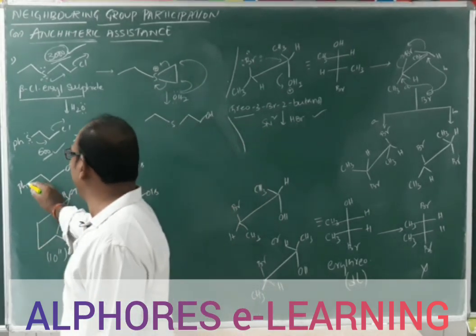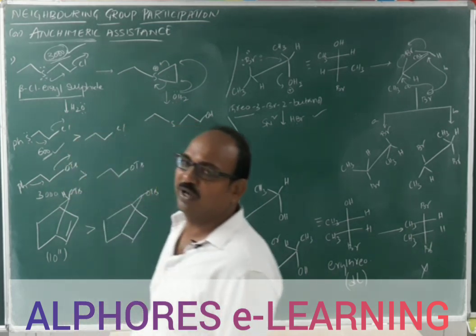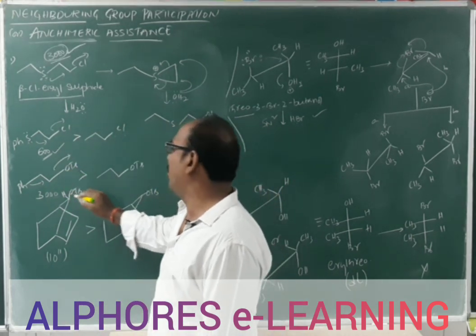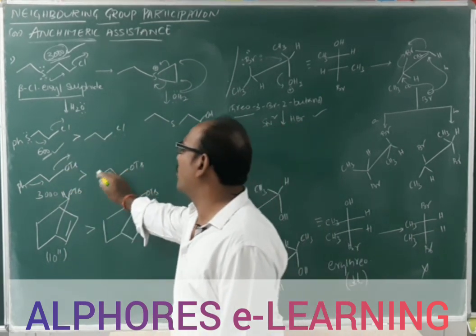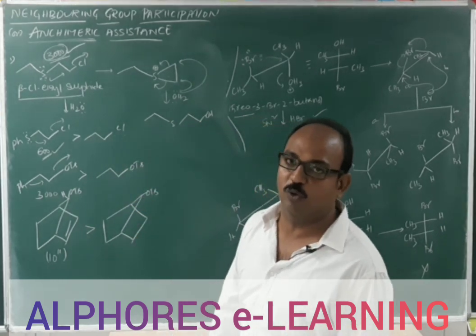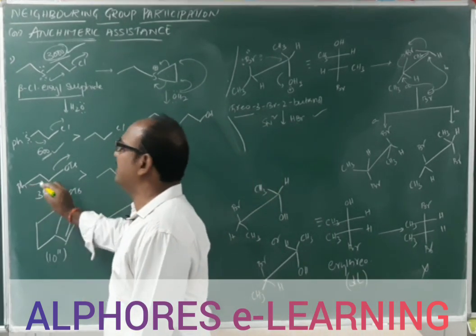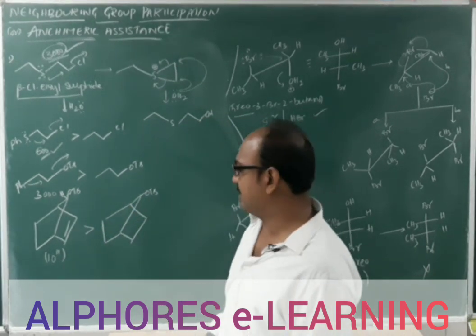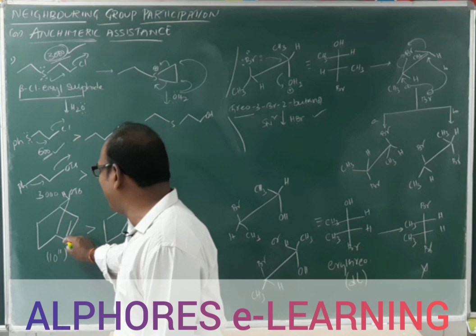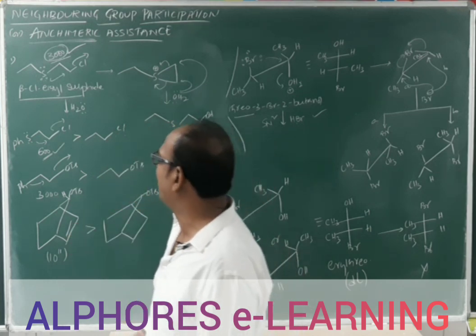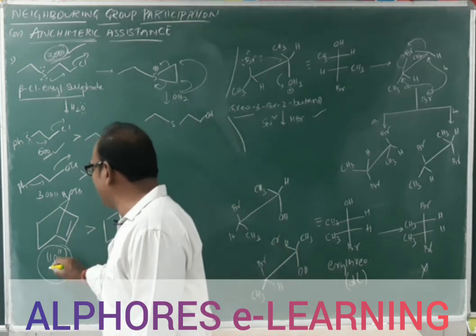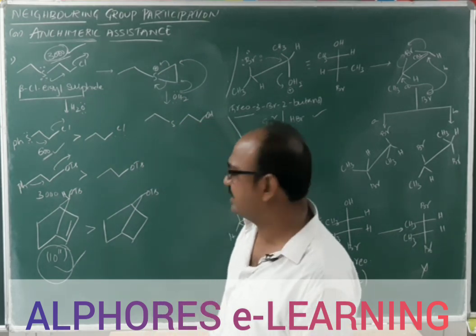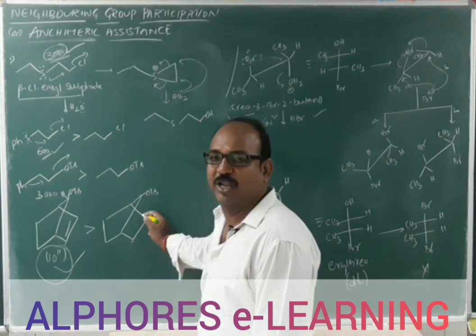Similarly here, with phenyl group anchimeric assistance, this one is nearly 3000 times faster compared to the normal propyl group containing an OTs leaving group. So here the phenyl group acts as anchimeric assistance, while the methyl group cannot. Now let us see here, because pi electrons are involved in neighboring group participation, this one undergoes solvolysis 10 to the power 11 times more than this one, which does not have any pi bond.